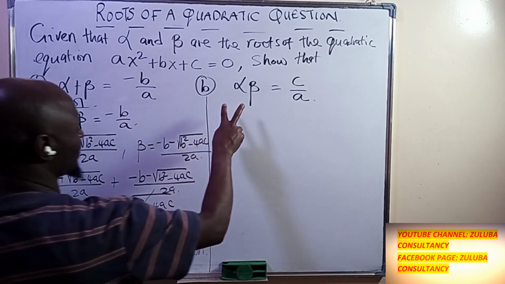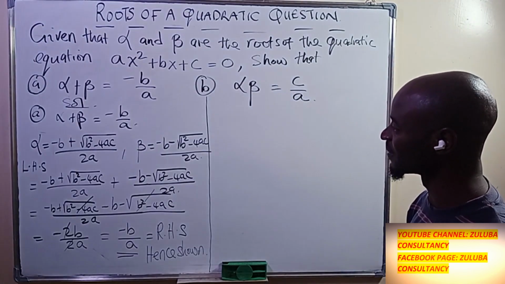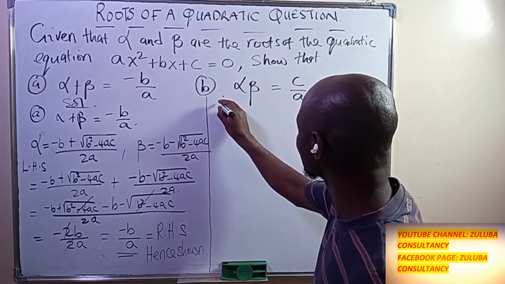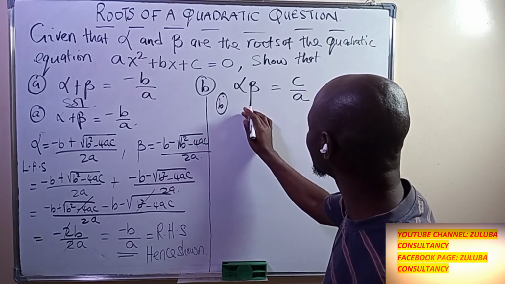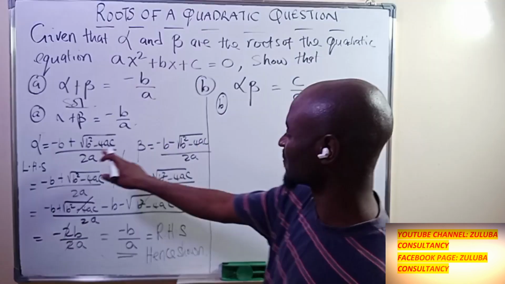Again, we have to show that the product of the two roots is equal to c over a. We are going to use the same procedure. We get the left-hand side. So the left-hand side is alpha multiplied by beta. We know the value for alpha.